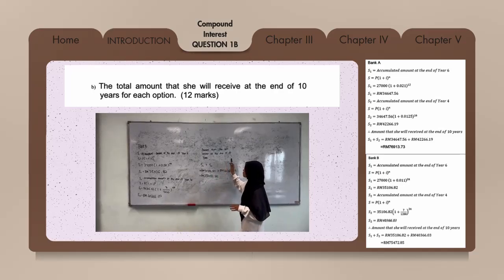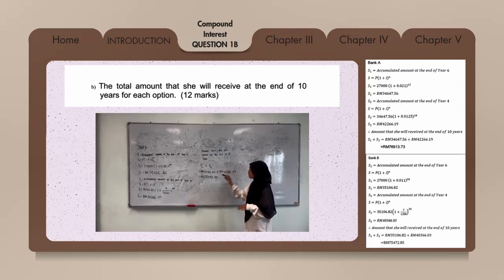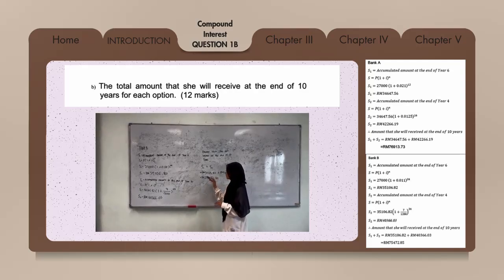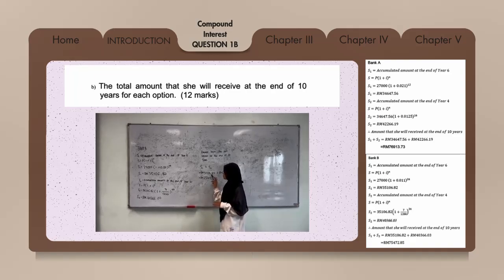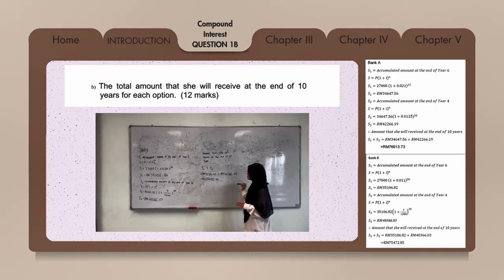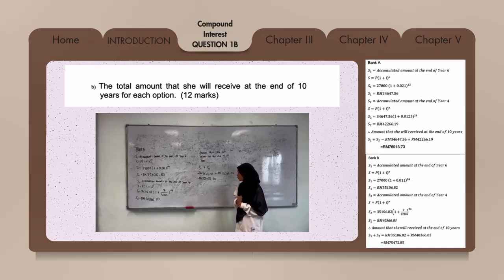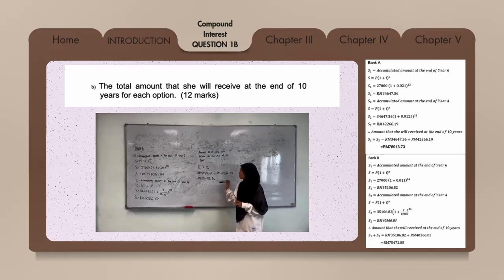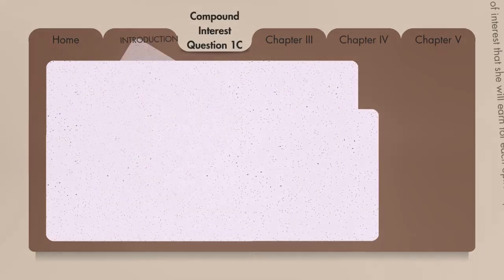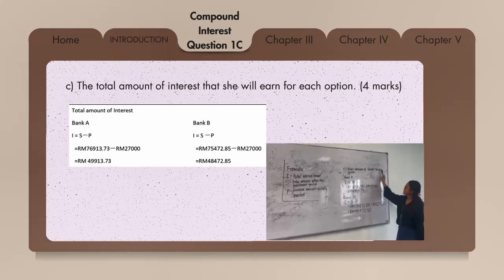And then we calculate the amount that she will receive at the end of 10 years, which is S1 plus S2 equals RM35,106.82 plus RM40,366.03, and then we got the answer, RM75,472.85.